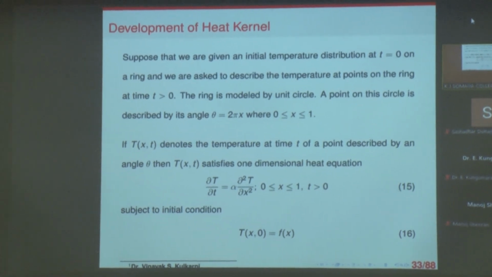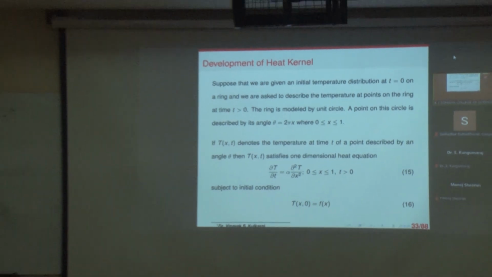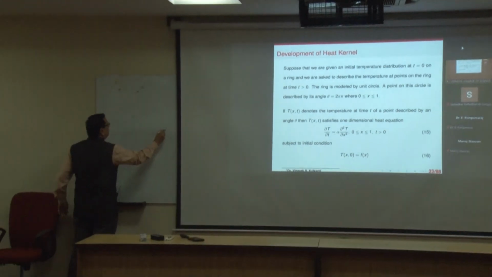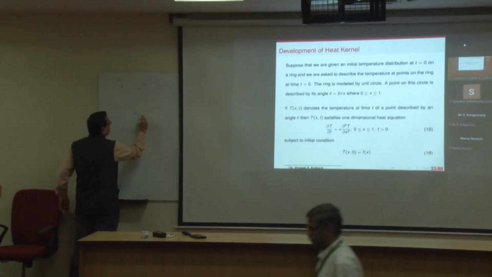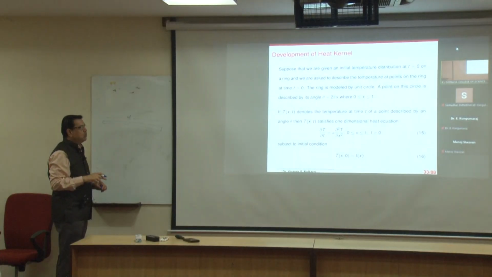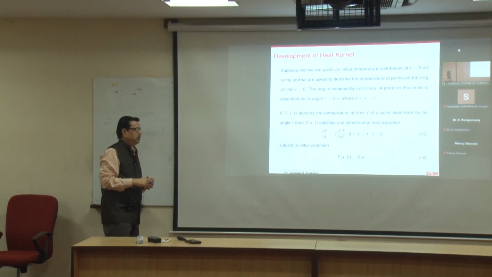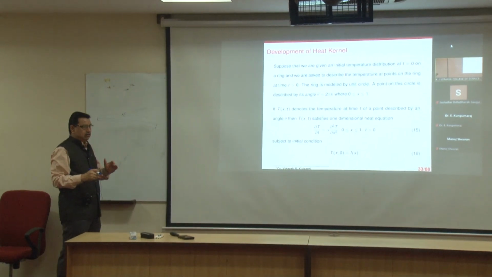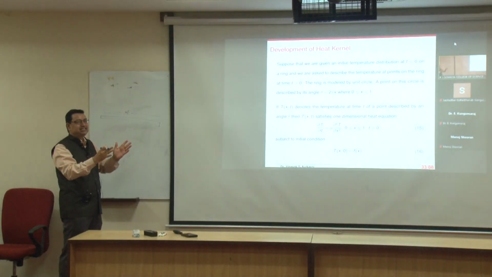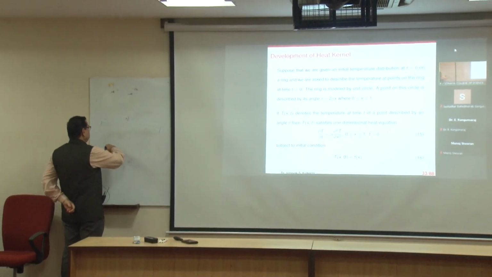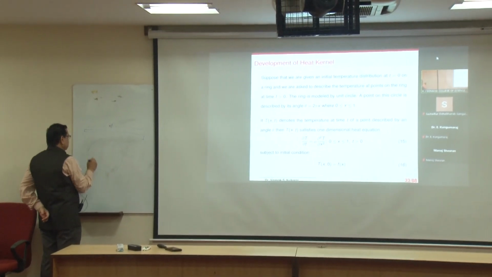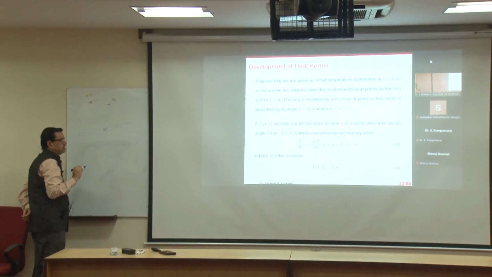Suppose this is a rod, this is a finite rod. The length of the rod is L, and now a little bit of minor geometric change has been done over here, that this rod has been molded to a ring shape. That is, it has been molded to this type of circular shape.